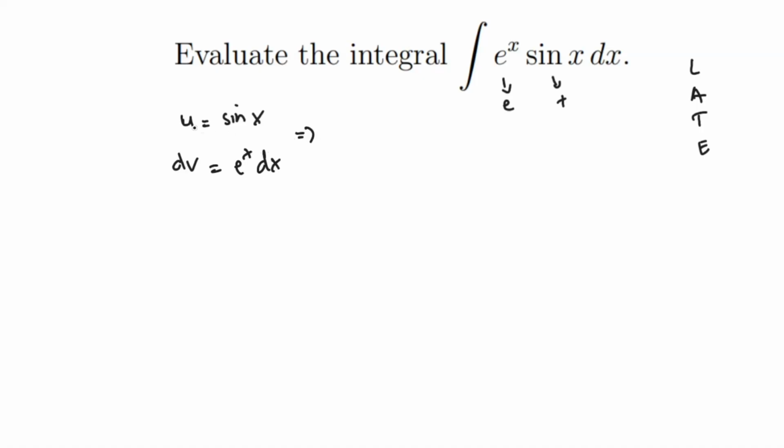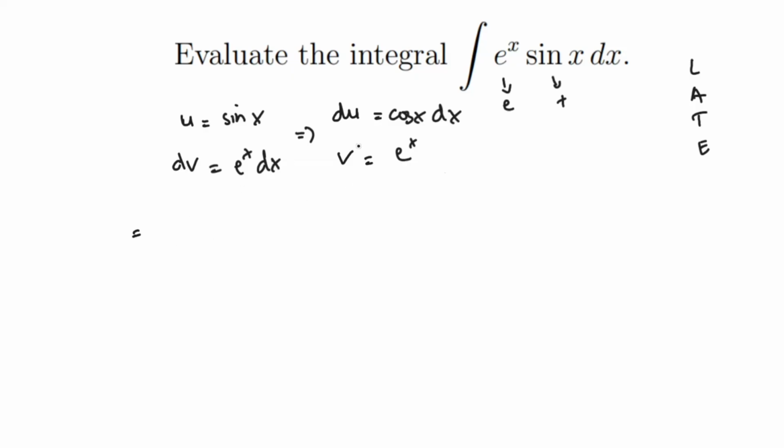So we differentiate both sides, and we're going to have du. The derivative of sine is cosine of x dx, and dv equals e to the x dx, so v equals the antiderivative of e to the x. The antiderivative of e to the x is e to the x itself.